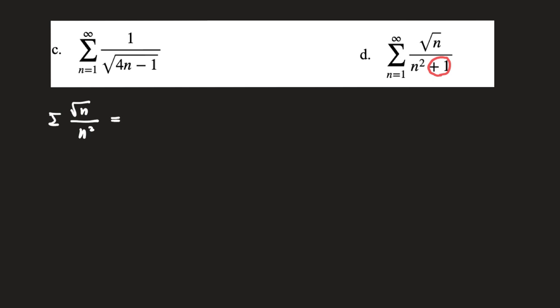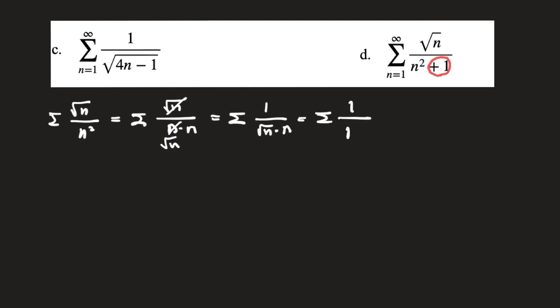So this one is summation, square root n over n squared, then n times n, right? So this one cancels out. What do you have left here? Square root n. That's going to be 1 over square root n times n. This one is a summation of 1 over n to the 3 over 2.